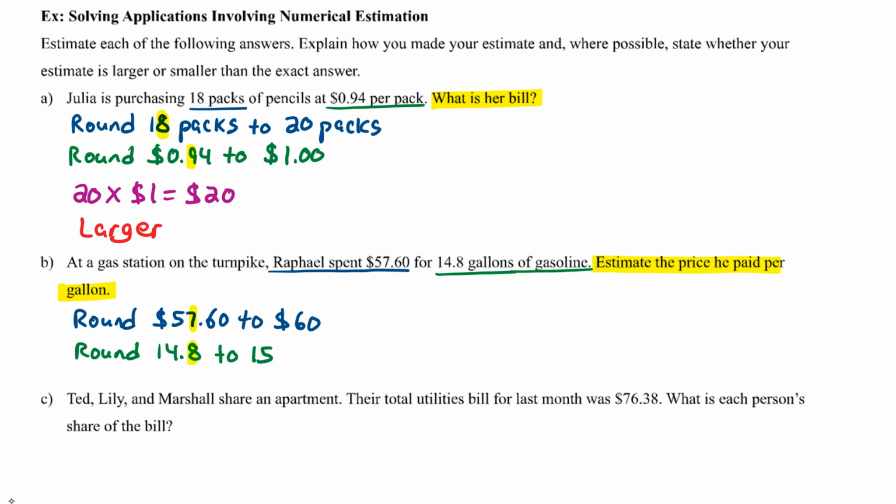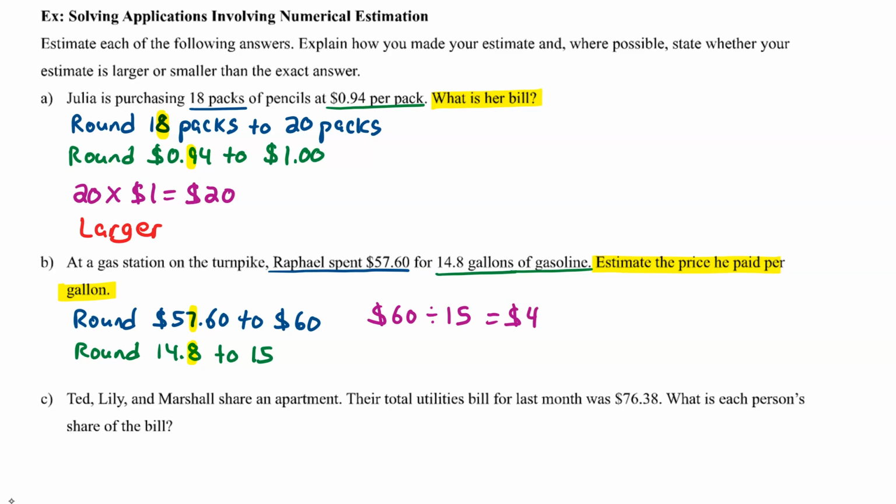And so then if we're trying to figure out how much he paid per gallon, this time we're not going to be multiplying, we're going to be dividing. So we set this up as $60 divided by 15 gallons means he paid $4 per gallon.